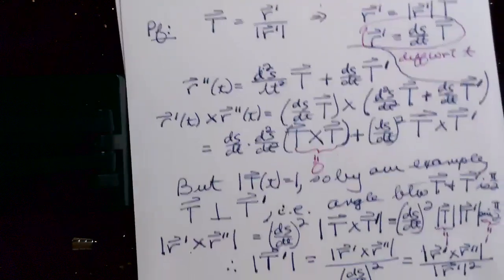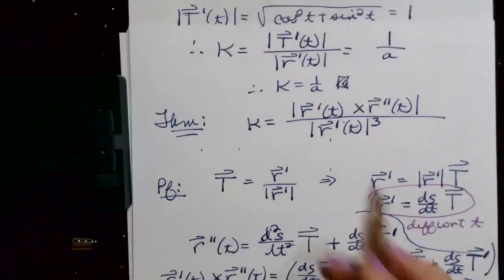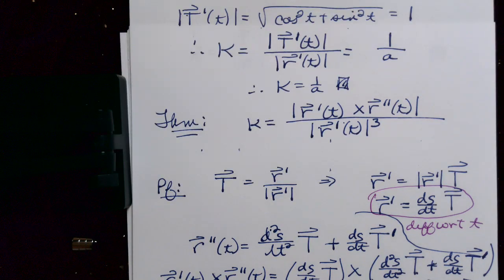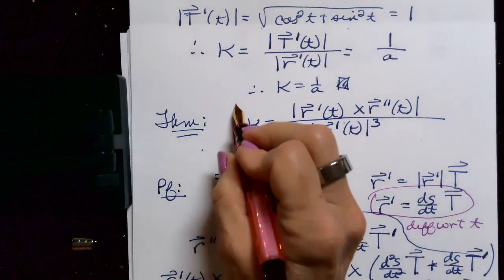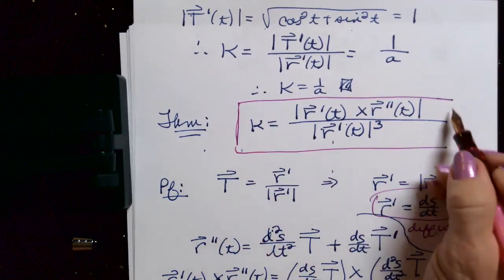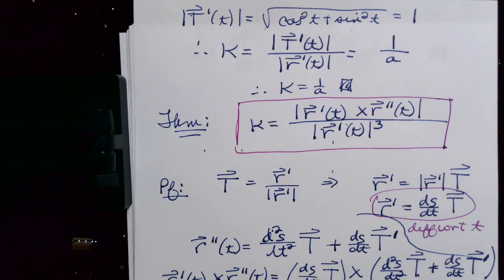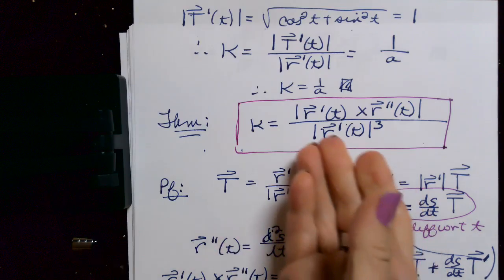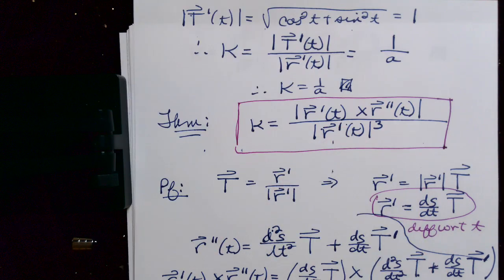Sometimes that's a more convenient way to compute the curvature. It just depends on the problem you're given and what you've done beforehand, so whether or not you're set up to use this formula or one of the other ones.